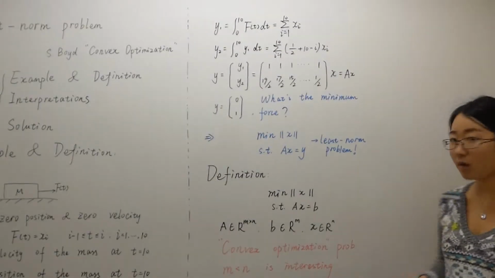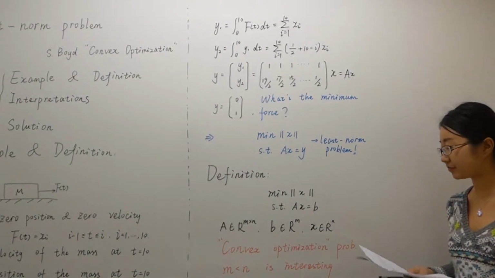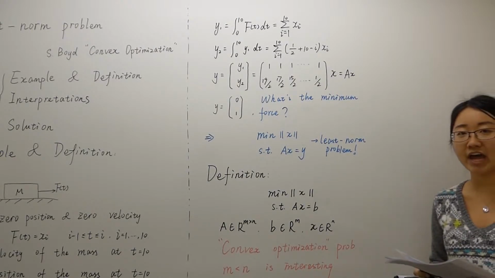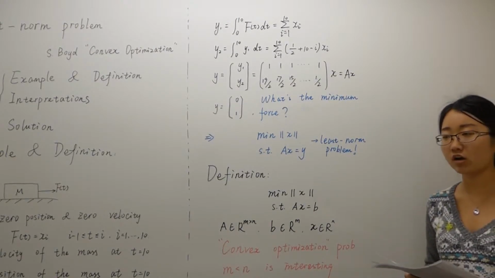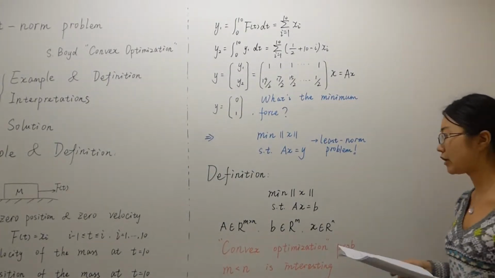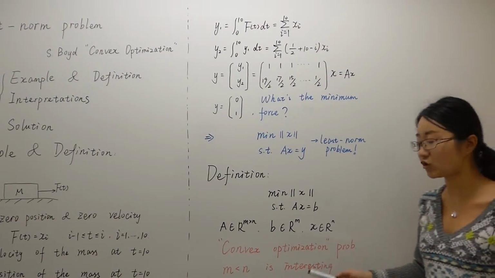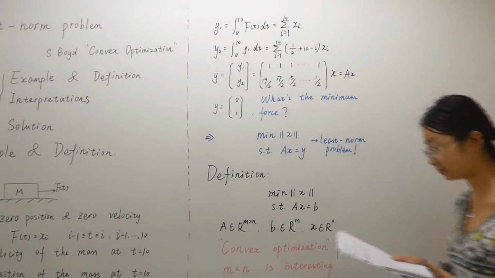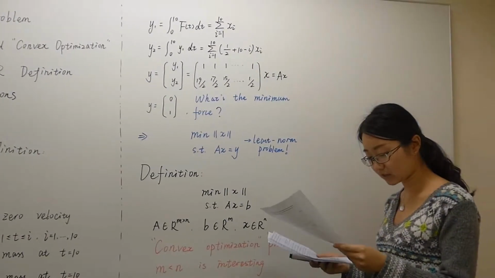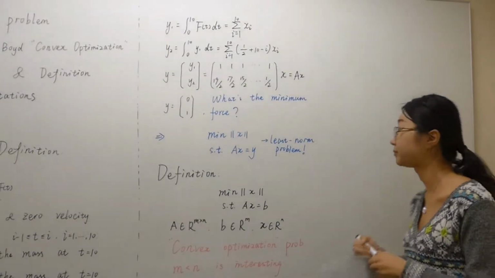To make this problem feasible, we should guarantee that m is less than or equal to n. But when m equals n, we have only one solution, which is x equals A inverse b. So we are interested in the situation when m is less than n. Next, let's move to some interesting interpretations of the least norm problem.